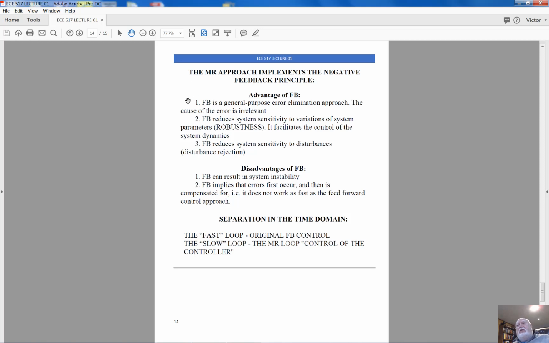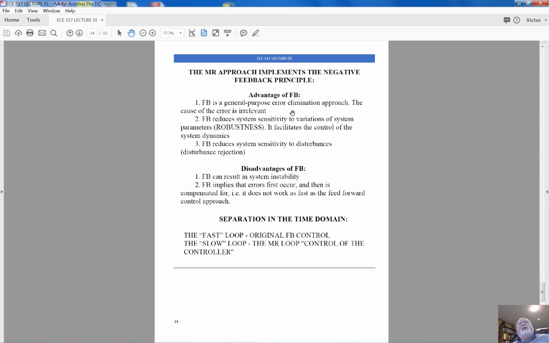And then I have to remind you that we're dealing with very explicit negative feedback in the model reference approach. In the model reference approach, negative feedback is the key to the success of this approach. If you remember from the 361 class, negative feedback is necessary for successful operation of our systems, because negative feedback provides a general purpose error elimination approach.